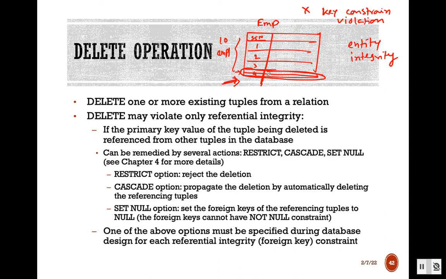No. Deleting a record means deleting the whole tuple from the table, so it is not going to cause an entity integrity violation. We are assuming the database is already in a valid state, and deleting a record is not going to make the value of a primary key null. So delete cannot create an entity integrity violation.